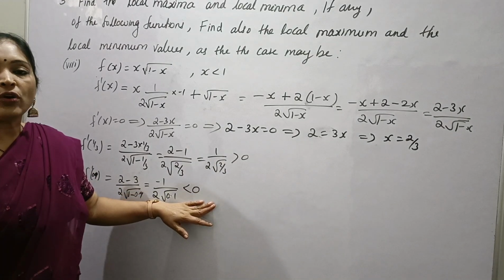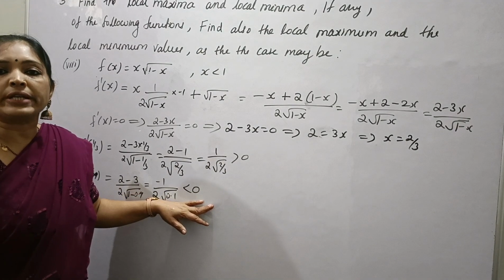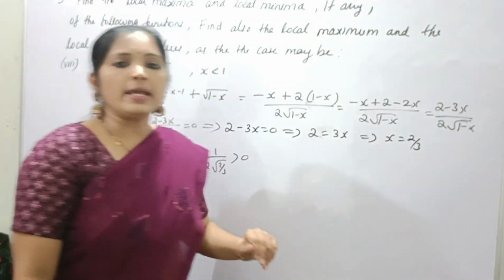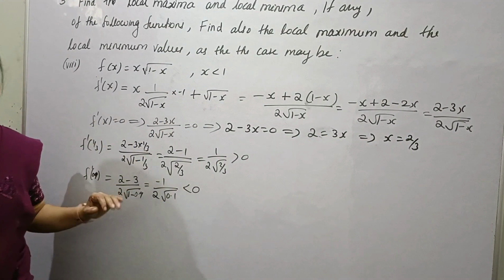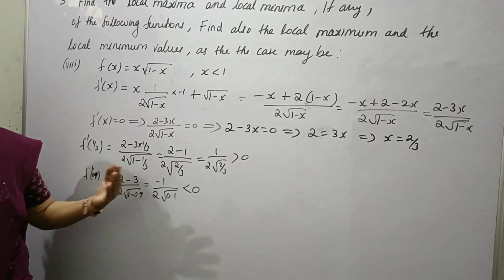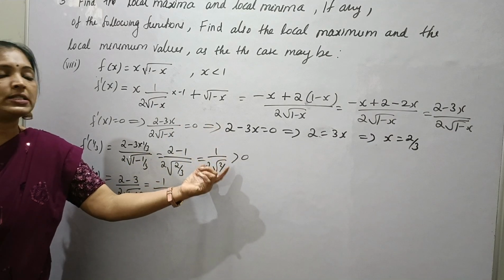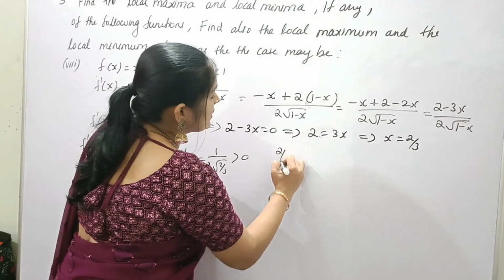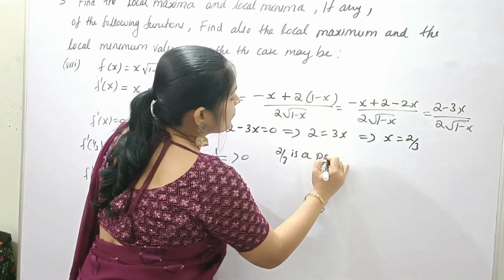Positive to negative. Therefore, according to the first derivative test, this point, 2 by 3, is a point of local maxima, because f dash of x changes sign from positive to negative. Therefore 2 by 3 is a point of local maxima.